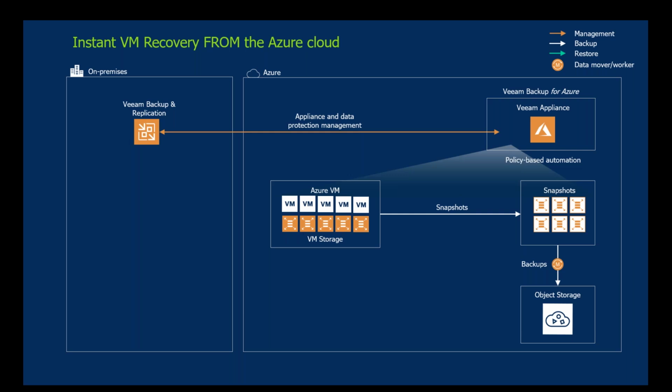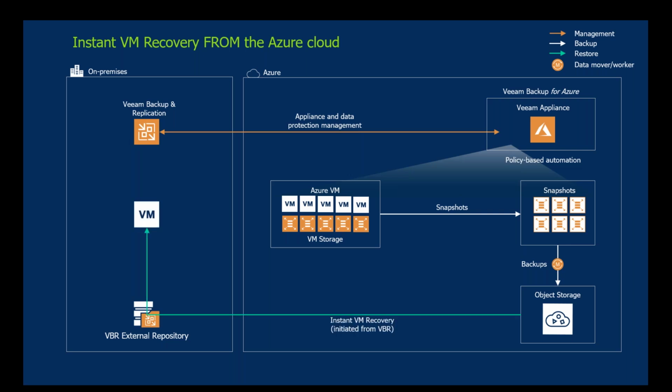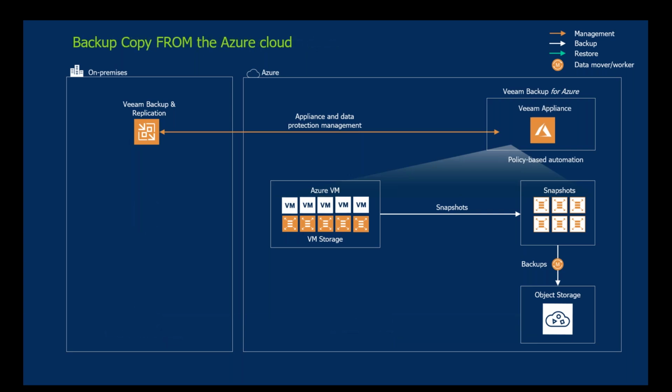So instant VM recovery from the Azure cloud. You would have a VBR external repository as well on premises, and you can do instant VM recovery initiated from VBR, from the Veeam Backup and Replication server. Let's see what else.